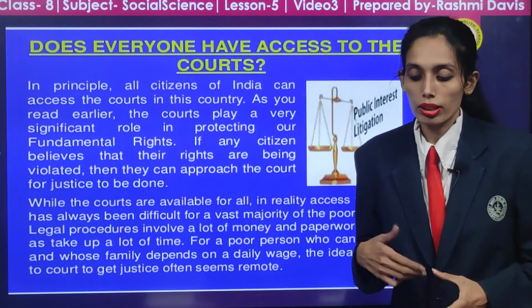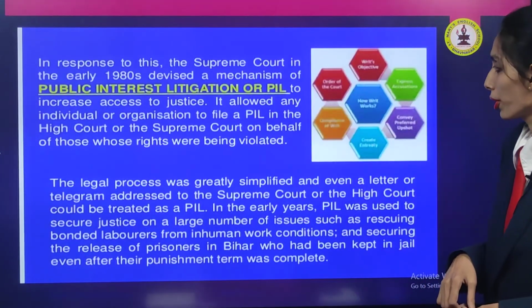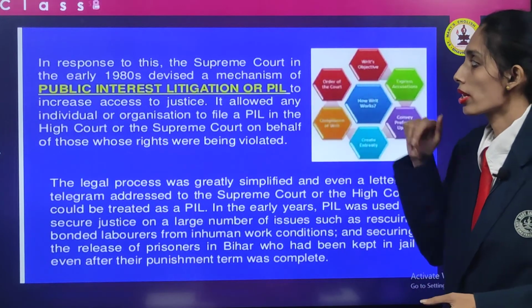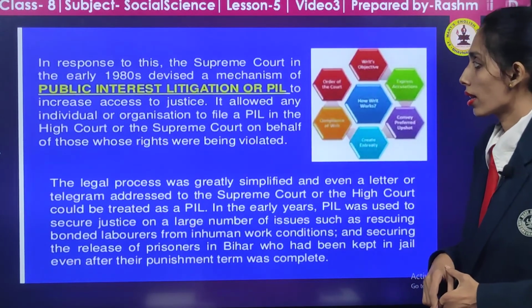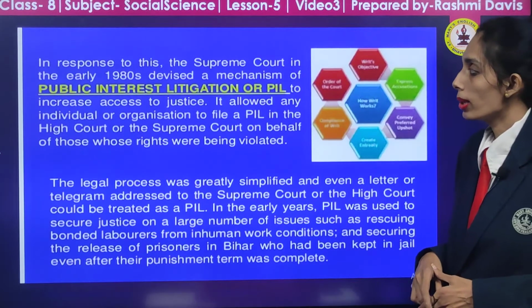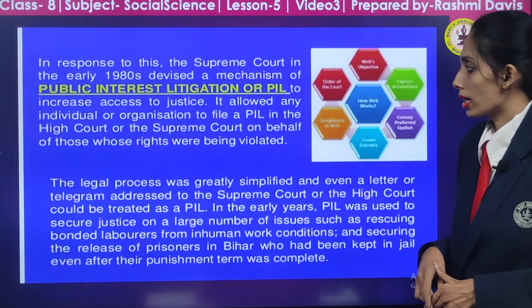So what did the Supreme Court come up with? Let's see further. In response to this, the Supreme Court in the early 1980s devised a mechanism of public interest litigation, that is PIL.